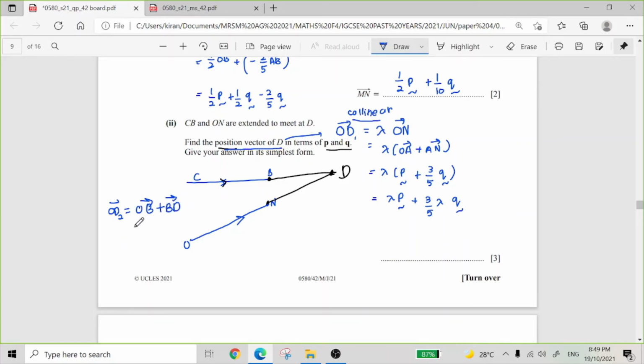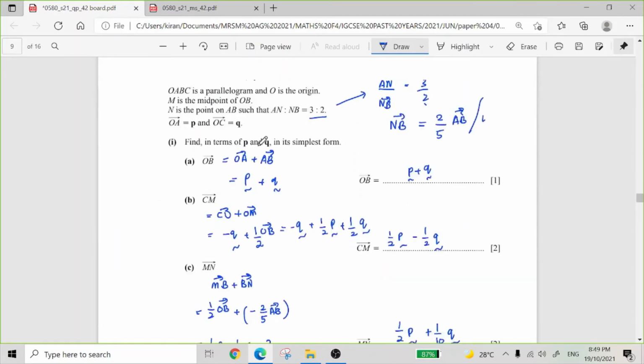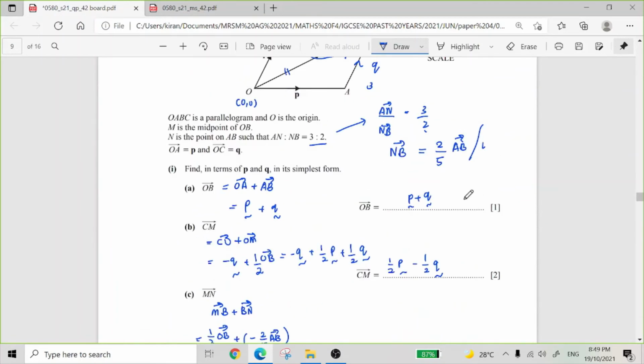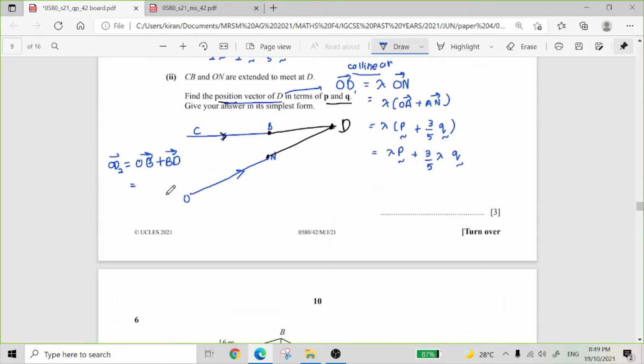Now OB, we know that OB is P plus Q from the first one. So we put in P plus Q.